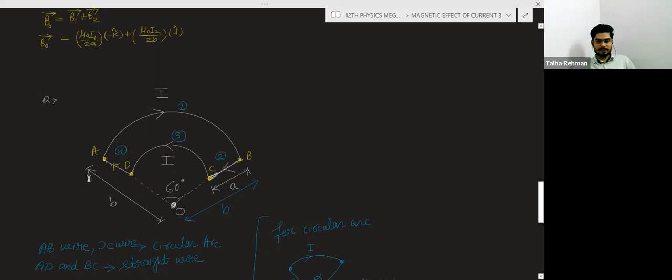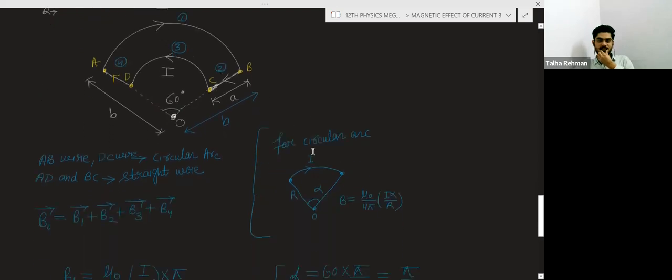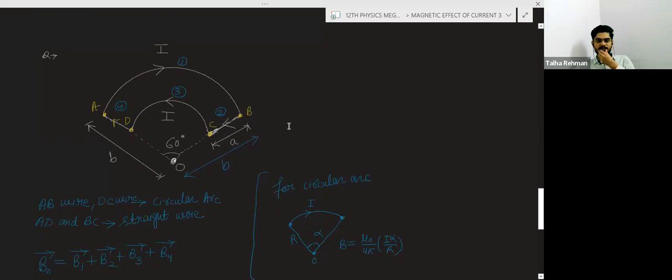I want to ask that due to this wire AD, what is the magnetic field at this point O, as this point O lies on the axis of this AD? Think that. Just apply your mind. We have just done. I am giving you 1 minute.